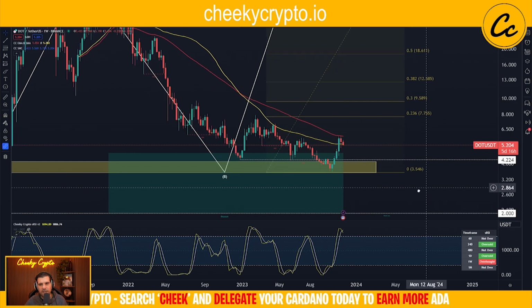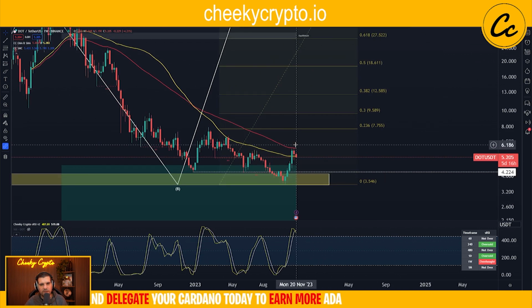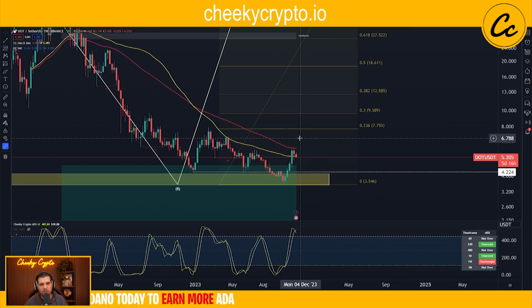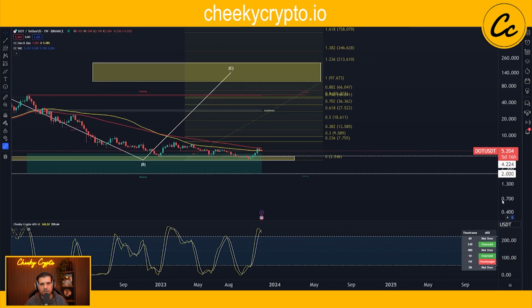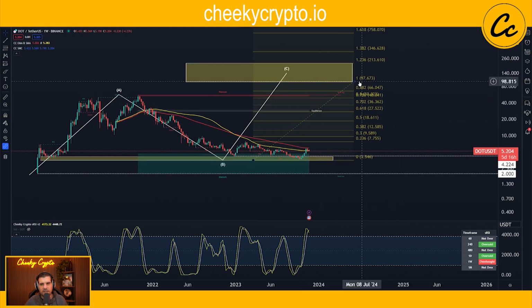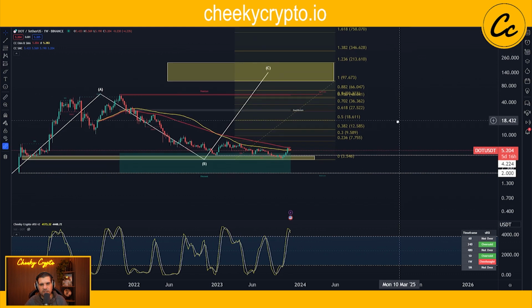What we're looking for here is a wick up higher on the weekly time frame. I expect that we're probably going to stay below these longer term because we are looking to revisit those lows, and we're looking to kind of come back down towards $4.22 in my opinion. Once we do that, then I think we're going to be in a really good spot for that next big bull market movement. Now, ultimately, we are targeting $97 to $213 on Polkadot.